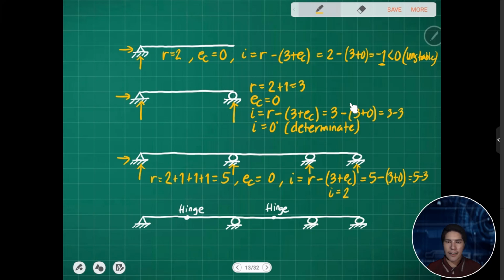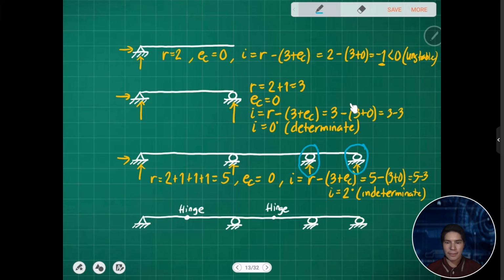So we have 2 degrees indeterminate, which means we have 2 redundant forces that make the structure indeterminate, due to these 2 additional roller supports. Because if we remove those, it becomes our overhang beam, so that is determinate.